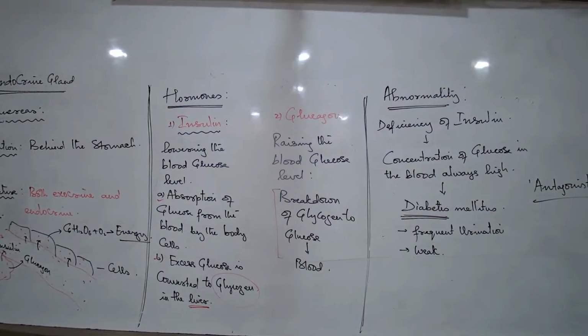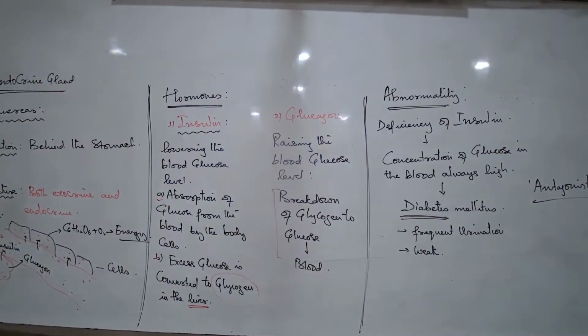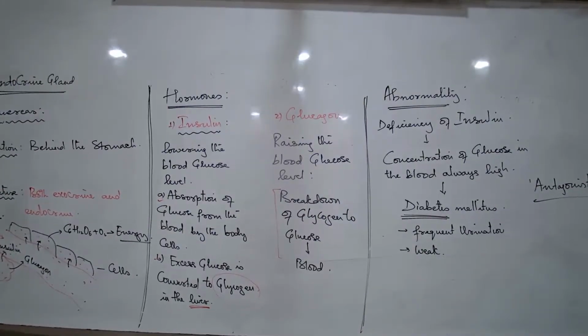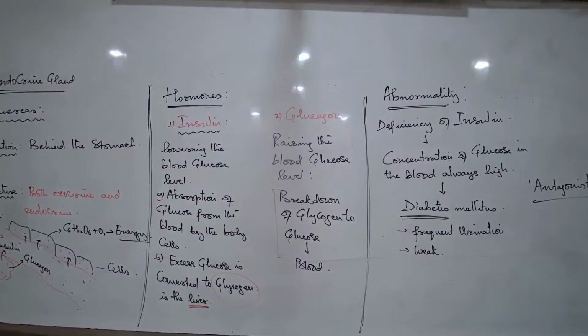Insulin lowers the blood glucose level by storing excess glucose in the form of glycogen in the liver. Full stop.